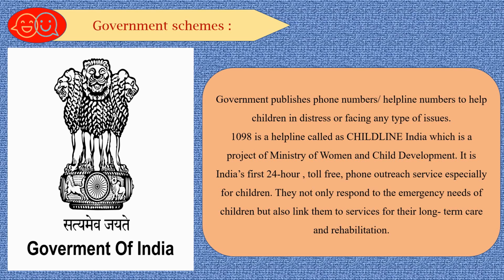Now students, it's good to know that 1098 is a helpline called Childline India, which is a project of the Ministry of Women and Child Development. It is India's first 24-hour toll-free phone outreach service, especially for children. They not only respond to the emergency needs of children, but also link them to services for their long-term care and rehabilitation.